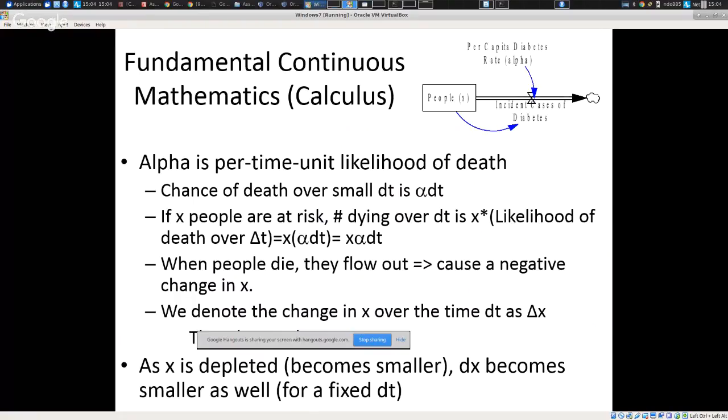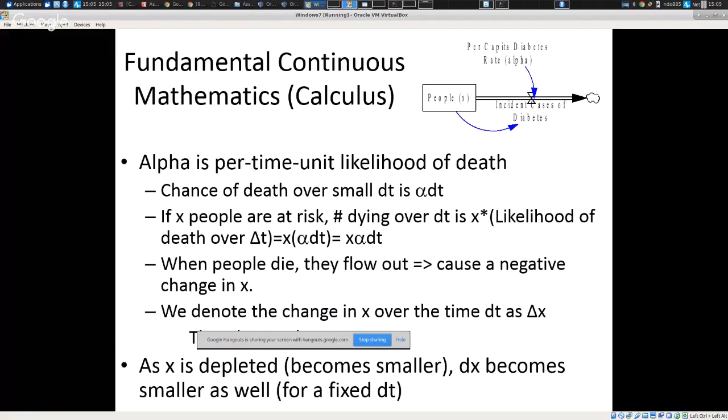Fundamental mathematics of this do involve calculus, okay? So suppose we have a stock X, and we have some chance per unit time, alpha. This alpha is what's called a hazard rate, chance per unit time. It's not a probability.